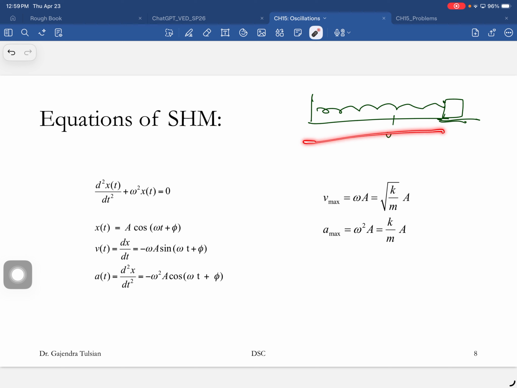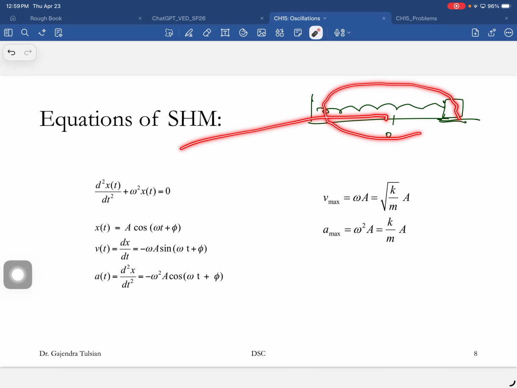Okay, so here is the system we studied. You pulled it from the equilibrium position and let it oscillate. What did we learn? The mathematical model for this system was this differential equation.